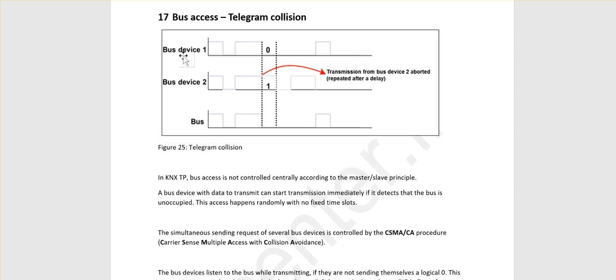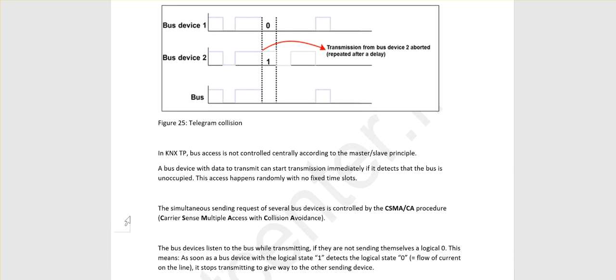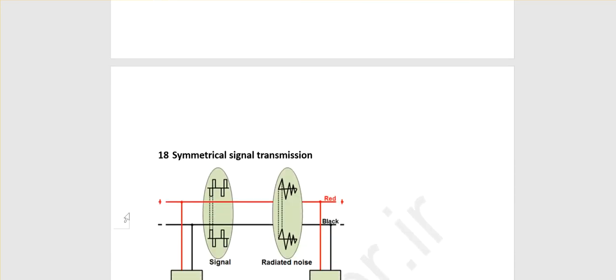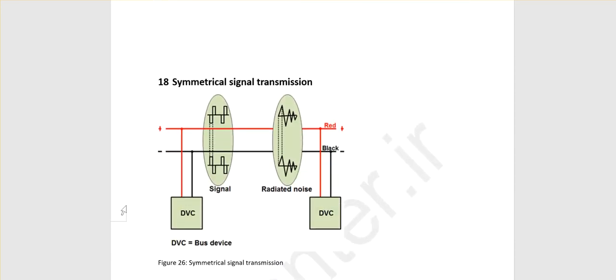And when the bus is not busy anymore, bus device 2 is sending. So there is some delay between bus device 1 and bus device 2. If you put the devices far from each other, this delay is not working anymore and a collision may occur. Okay, so you should take care of the 700 meters.